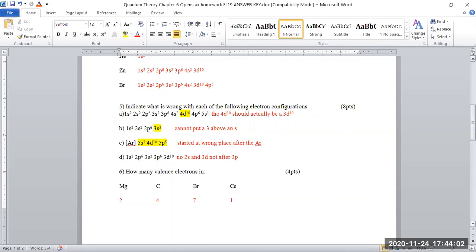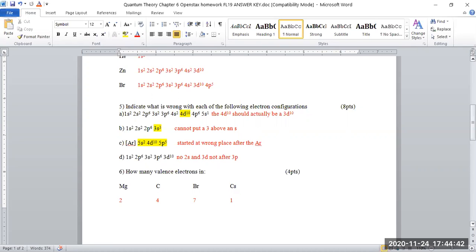For letter B, they put too big a number above an s. You cannot have a 3 above an s orbital. You can have a 1 or a 2, but you can't put more than that. Then I love this one especially because it does the thing that I often see as an error, which is one of the reasons why I'm not super fond of the noble gas notation: it picked up in the wrong spot. Argon is actually number 18 on the periodic table, which is on the 3rd row.